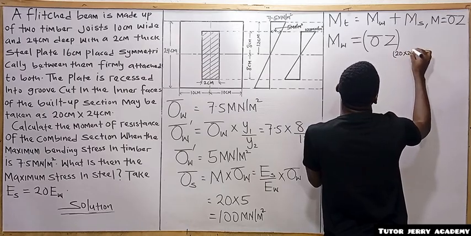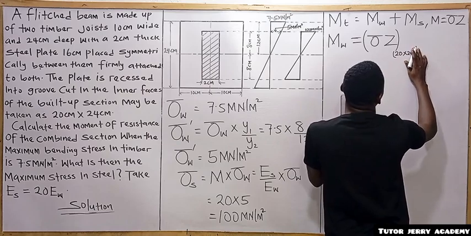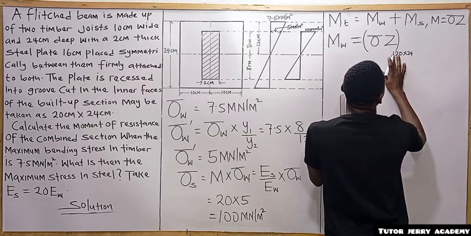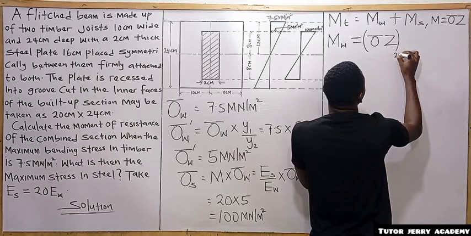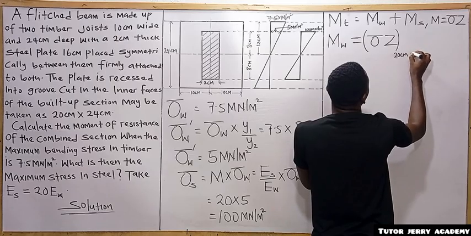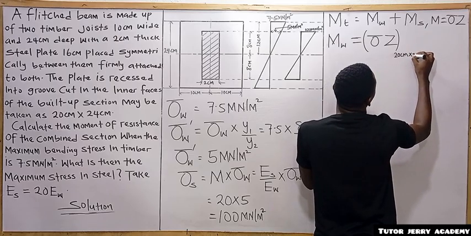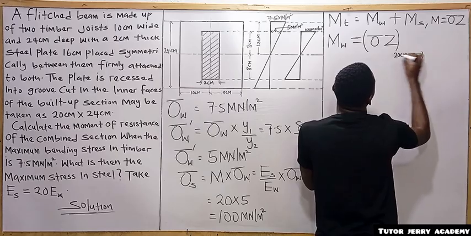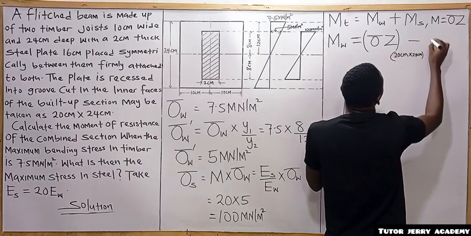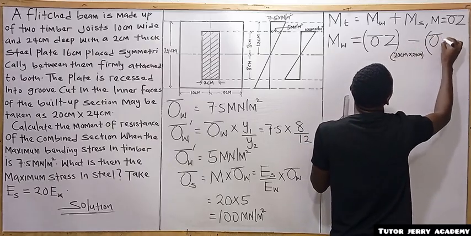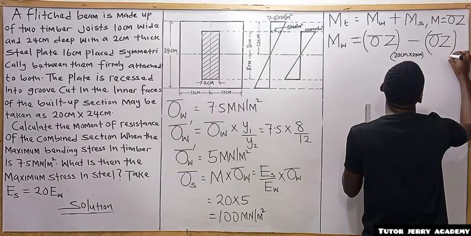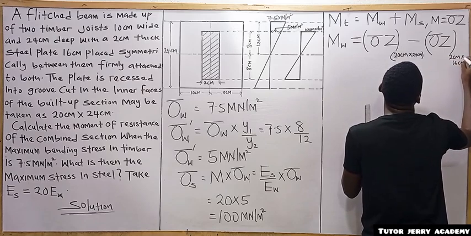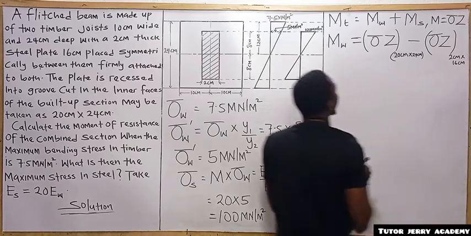It's supposed to be in centimeter, so let's write it properly: 20 centimeter by 24 cm, minus the stress multiplied by Z, and for this section it's going to be 2 centimeter by 16 cm.